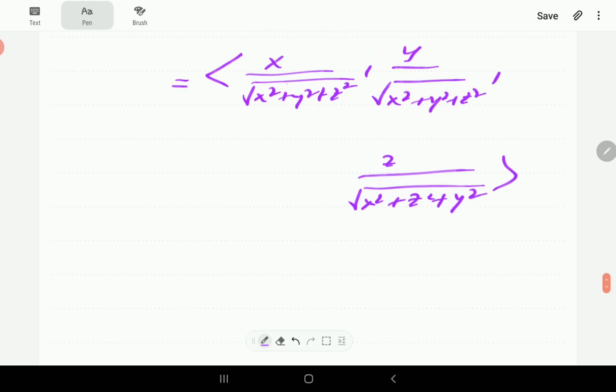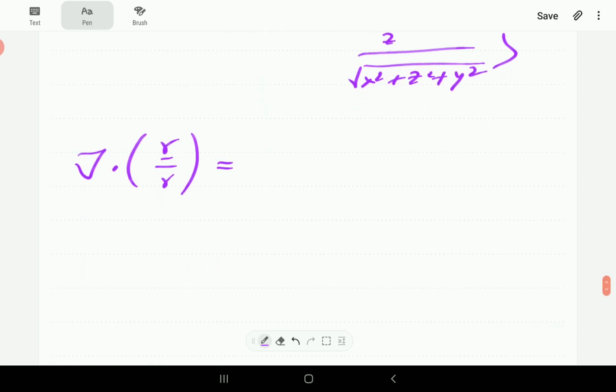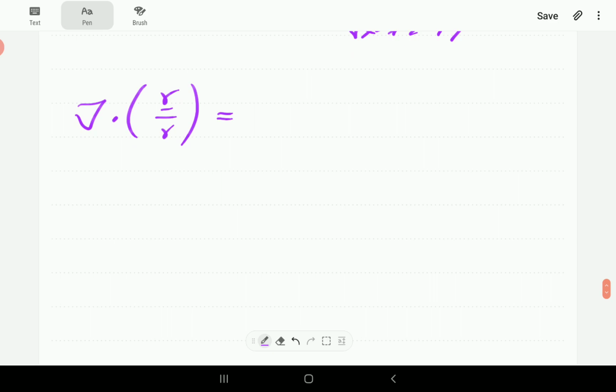Now the divergence is a scalar quantity, and it's going to be given by the x derivative of the x component plus the y derivative of the y component plus the z derivative of the z component. So here we're just going to have to do the x derivative of the x component.